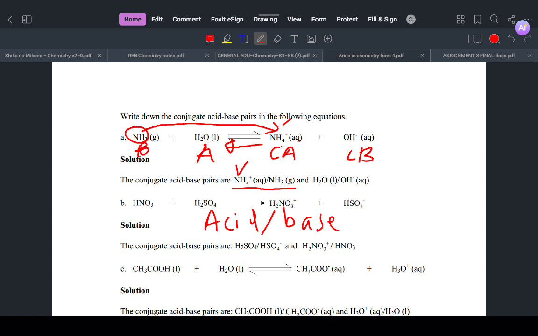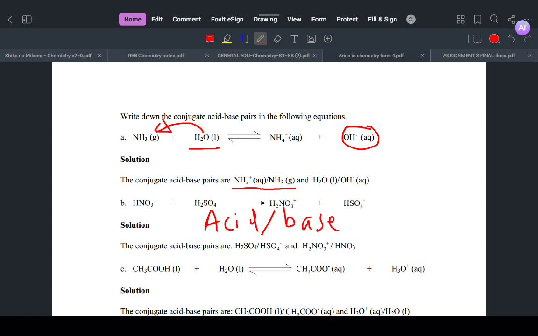Similarly, if you look at the water and the OH, initially the water behaved like an acid. How do we know that? It gave away its hydrogen to form hydroxide.